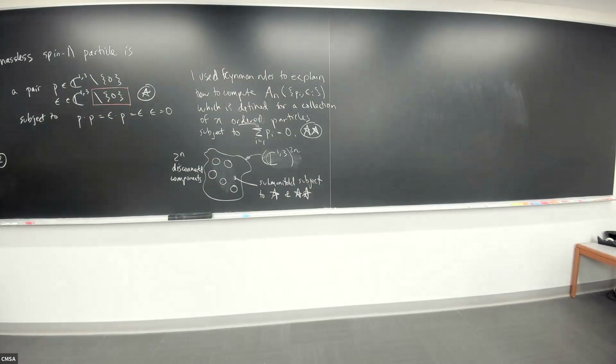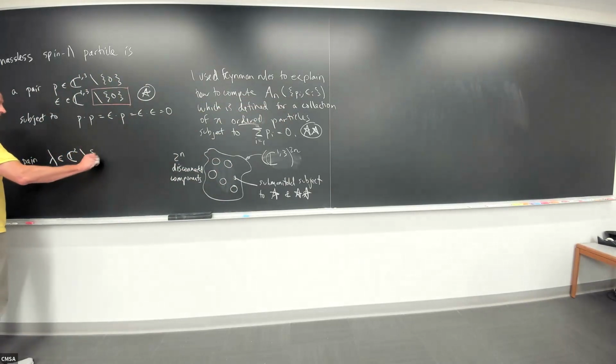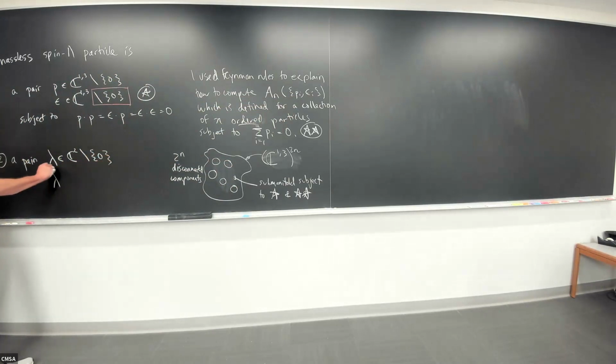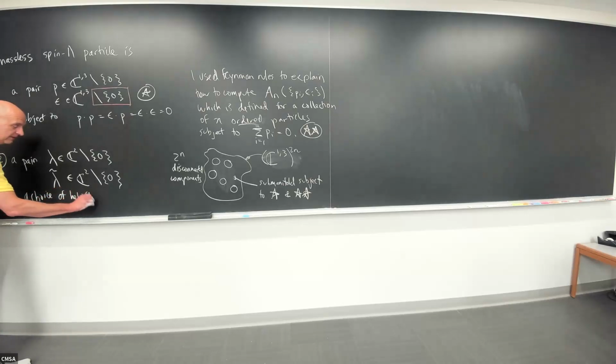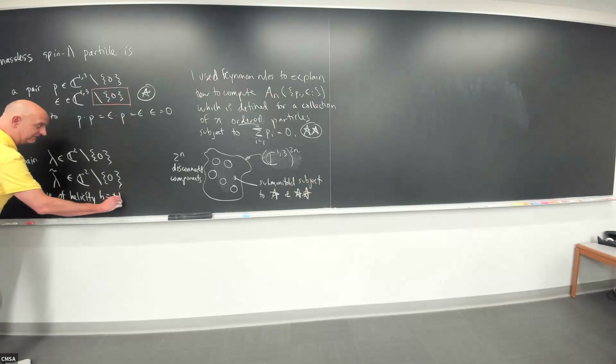Then I described how we switch to spinor helicity variables, where we have two spinors called lambda and lambda tilde, and a choice of helicity h equals plus or minus 1.